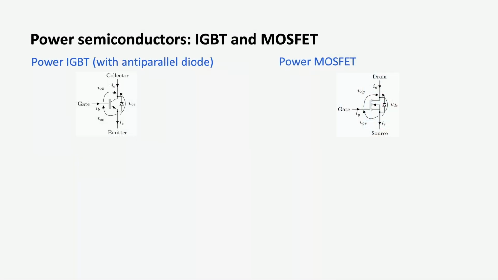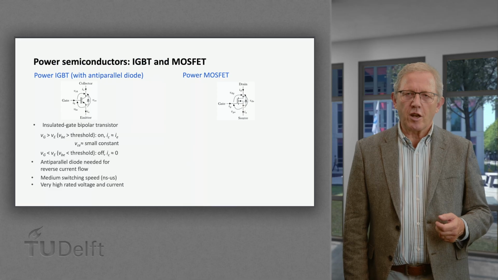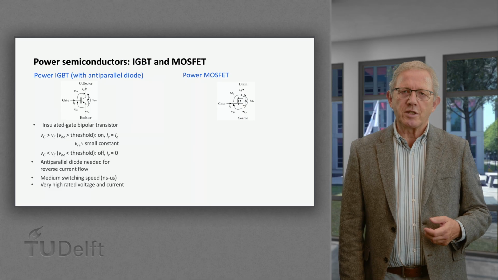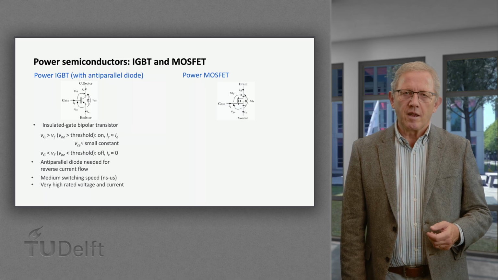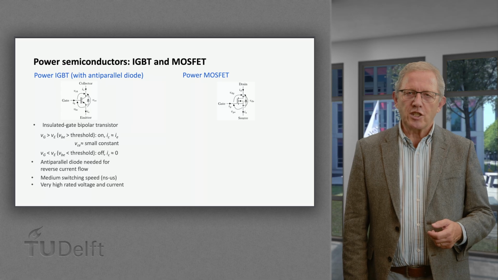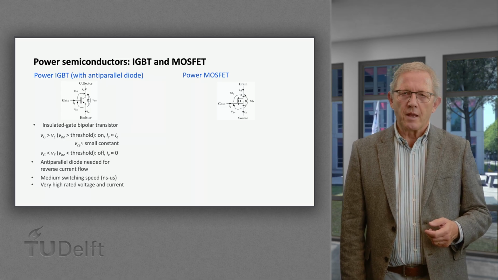Let's move on to these two mainstream switching components. IGBT is short for insulated gate bipolar transistor. Its behavior is determined by the voltage difference between its gate and emitter, VGE. If the voltage between gate and emitter is larger than the threshold, the IGBT turns on and behaves as a small voltage drop.